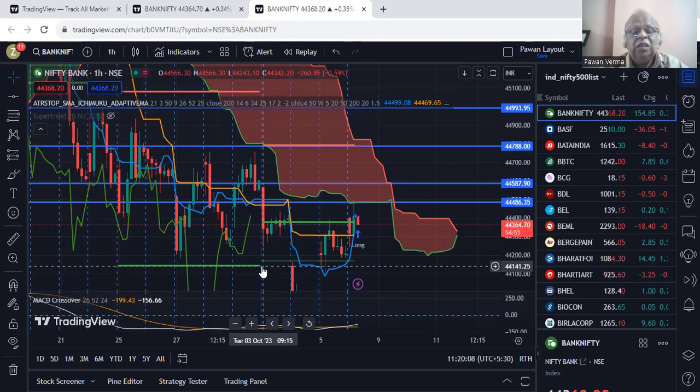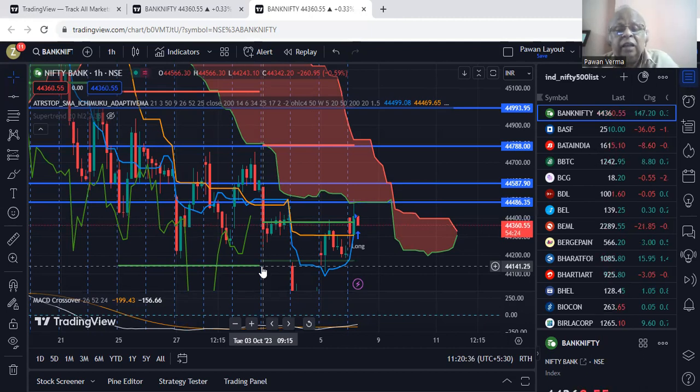Confirmation means the Tenkan-Kijun crossover from below to upward must be identified or executed. At this stage, we will get the trend confirmation candle, and from there we look 26 periods back.